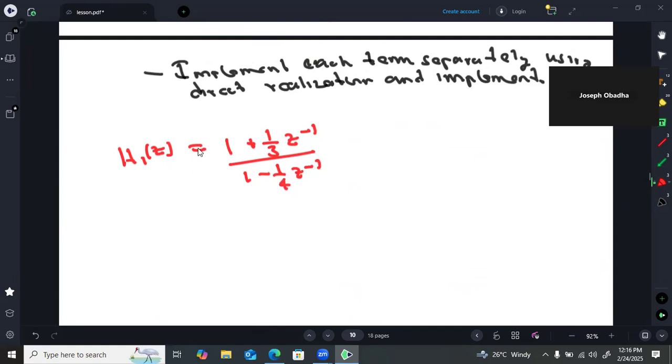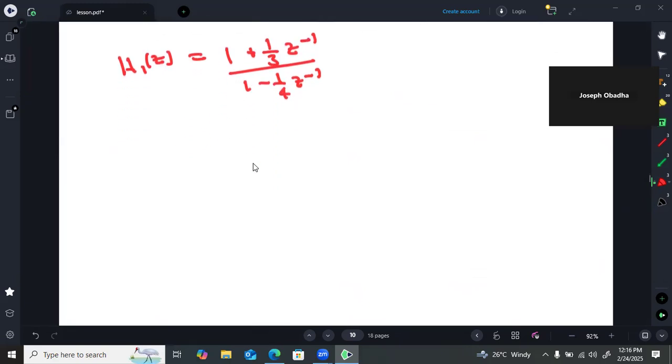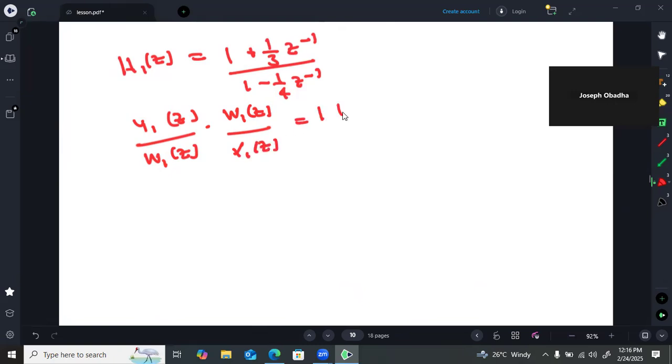Then, as usual, I will use the intermediate variable, say Y1(z) over W1(z), times W1(z) over X1(z), equal to (1 + 1/3 z^-1) over (1 - 1/4 z^-1).